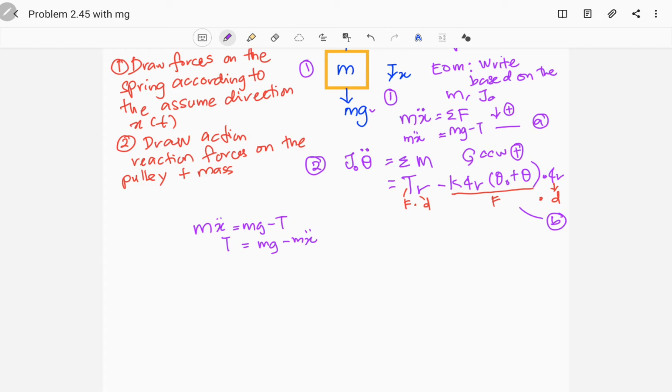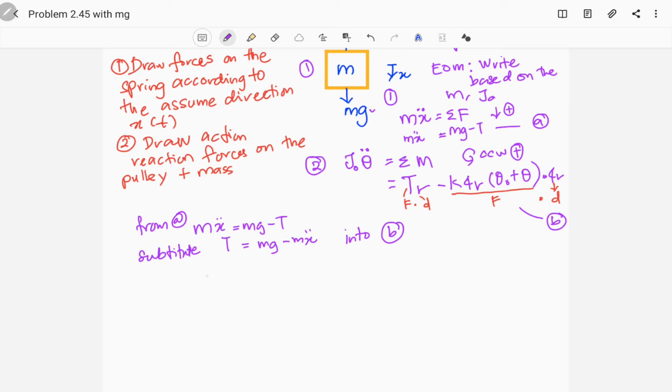Okay, so you substitute from A this into B, so that you will cancel out the T term.